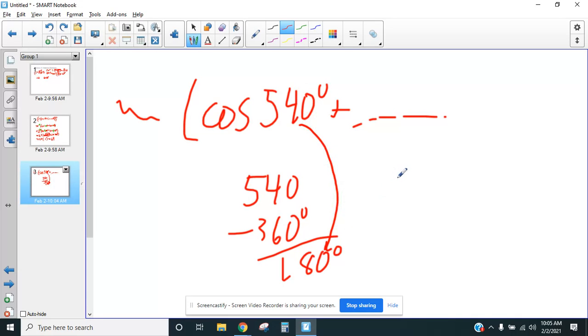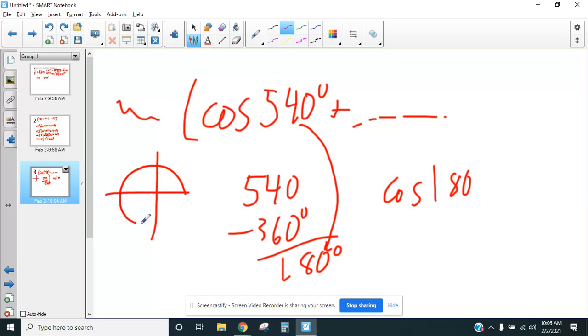If I go all the way around 360 and I go 180 more, I'm at 180. You might end up with that because when you take an angle like 60 and multiply it by, let's say, 8 or something crazy like that, you're going to have a number that's bigger than 360. So that's one example. I can do another one here in a second, but let me help these other people.